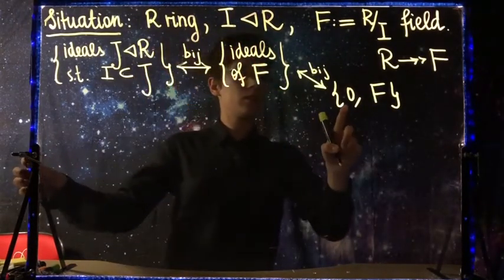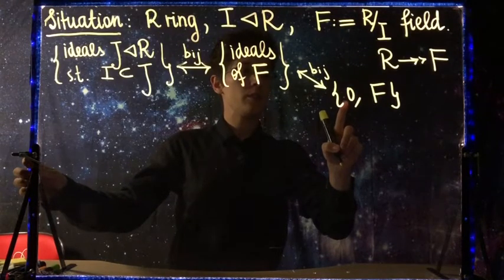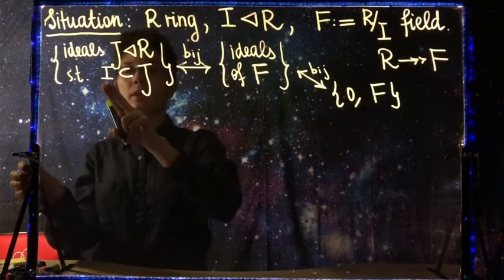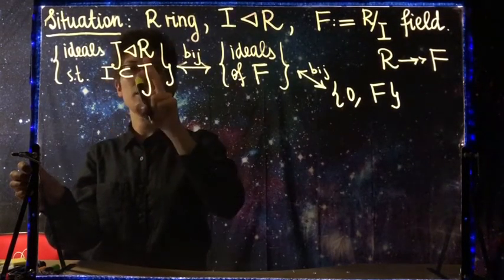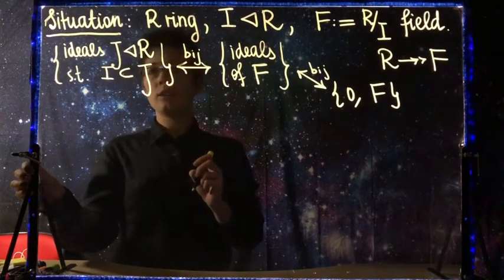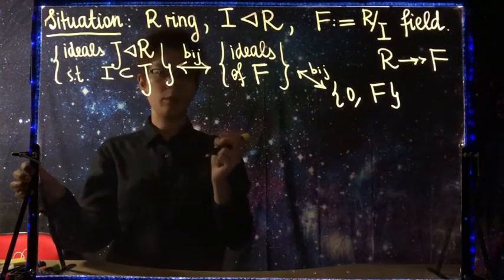So we see that the only ideal that is bigger than I inside R is R itself. And these ideals are called maximal.